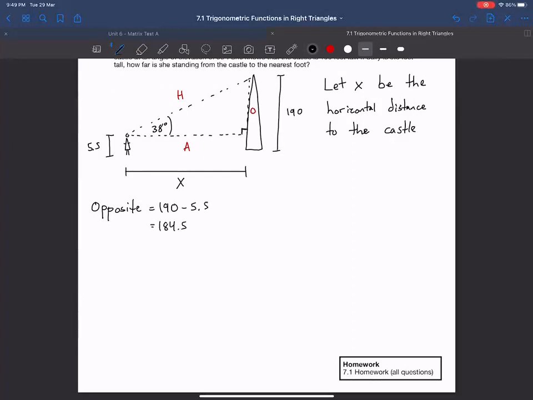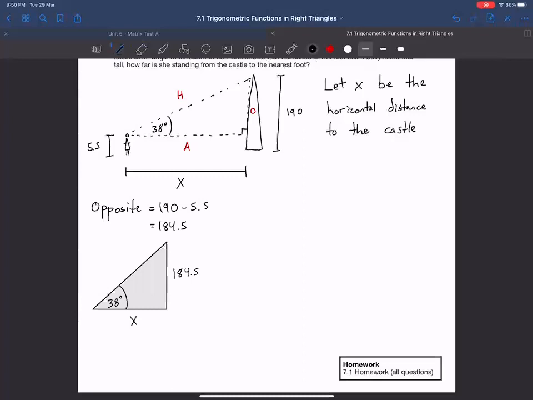So we have this right angle triangle where we have x, which is what we're trying to find, an opposite height of 184.5, and a 38-degree angle.